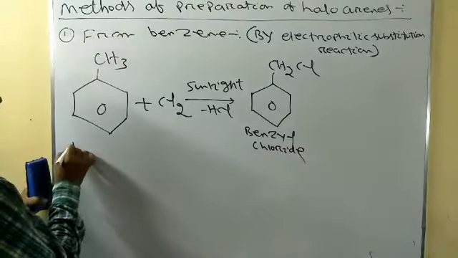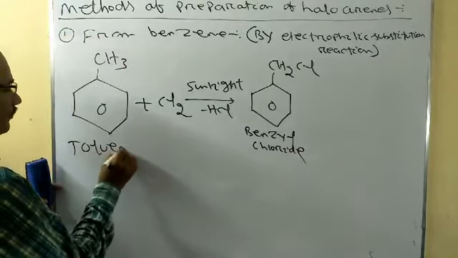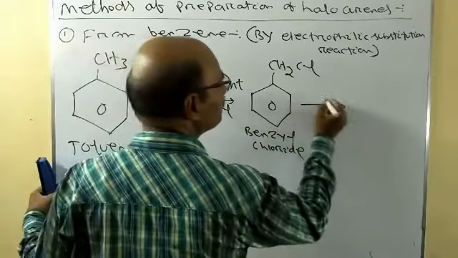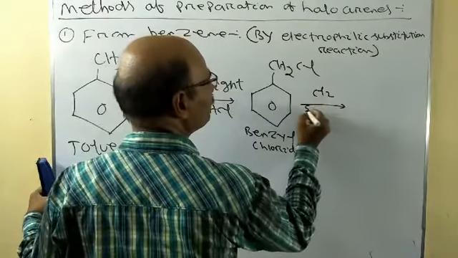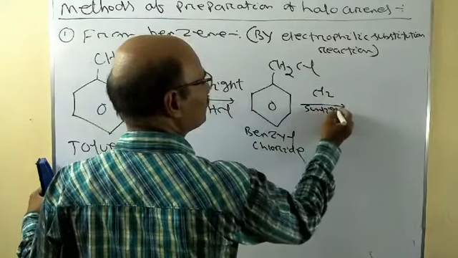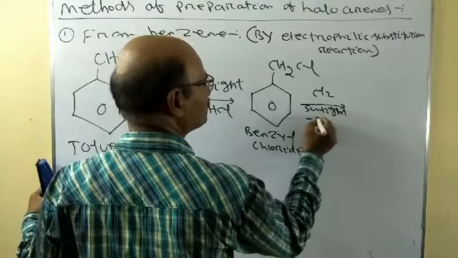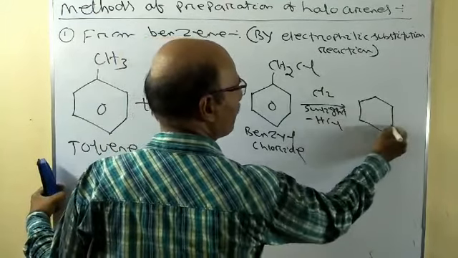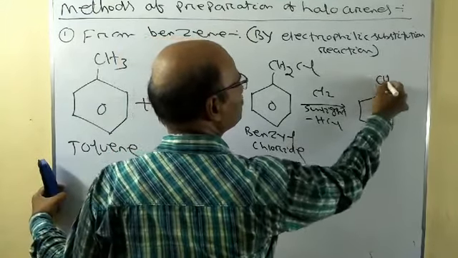Toluene. Again, if you give Cl2, sunlight, minus HCl, you get CHCl2.